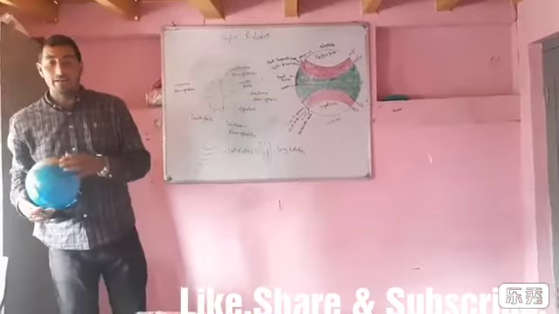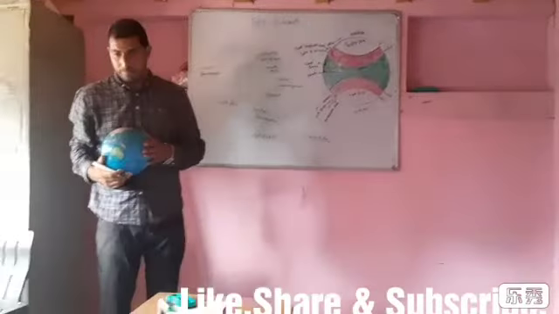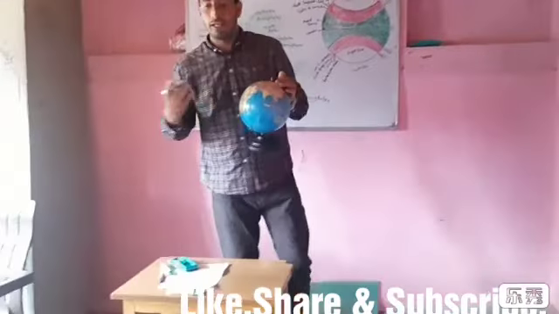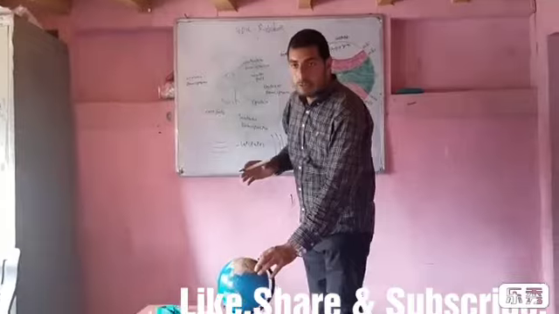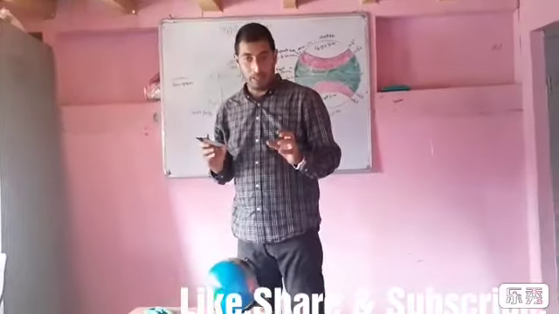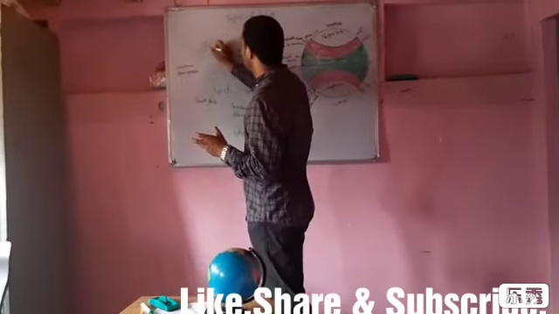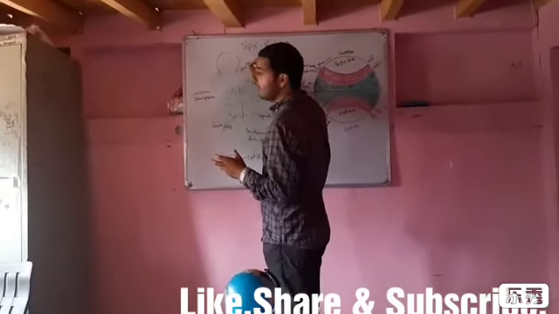So the question is, what is the use of latitudes and longitudes? We use them for the location of any place on the globe, with degrees. We know that a circle has a 360 degree angle.